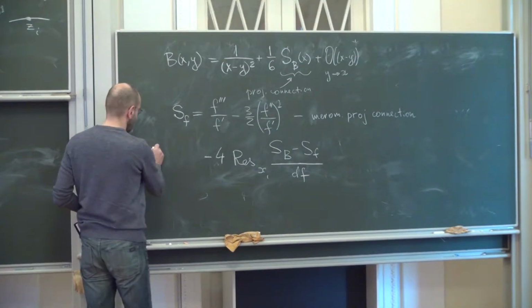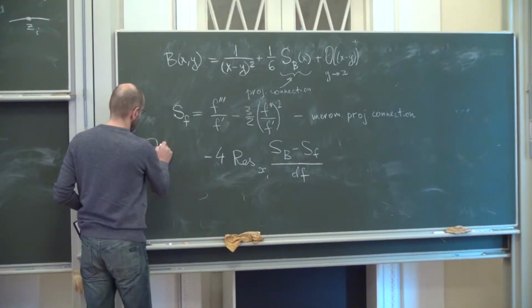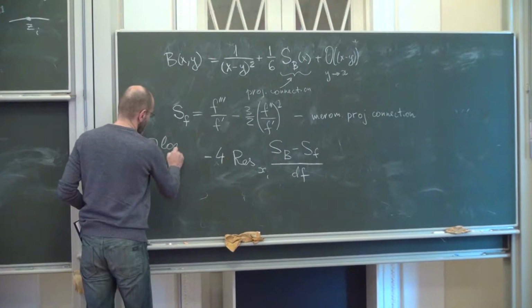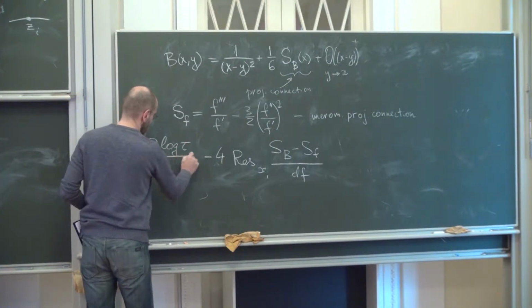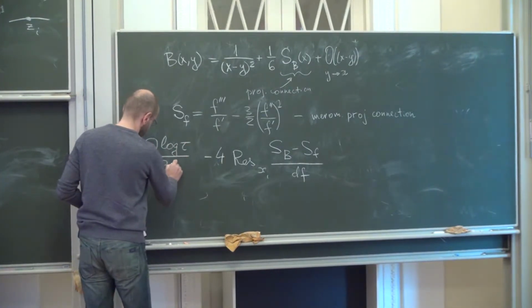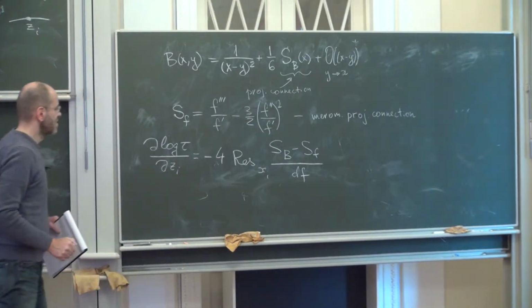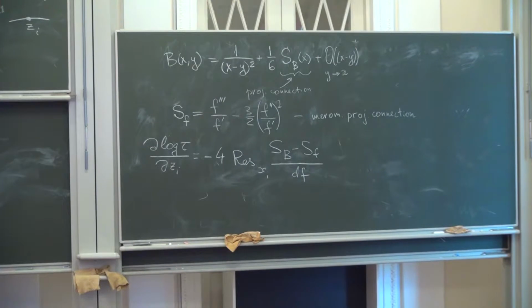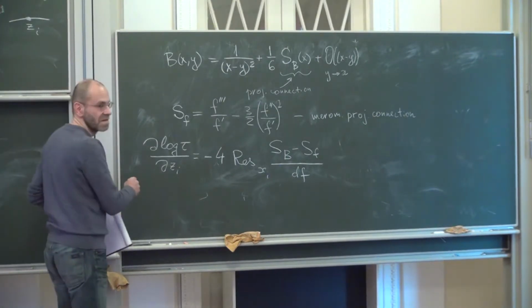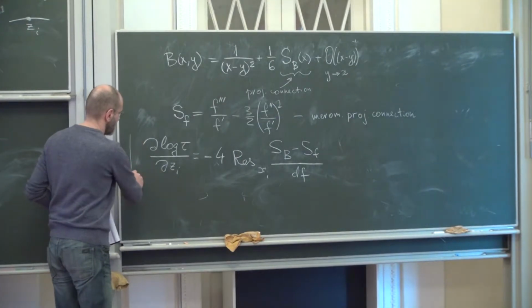And that's exactly a partial derivative of the logarithm of the tau function. So one can consider this as a definition of the tau function. So f here is arbitrary.